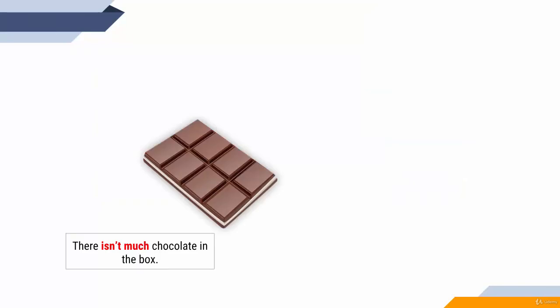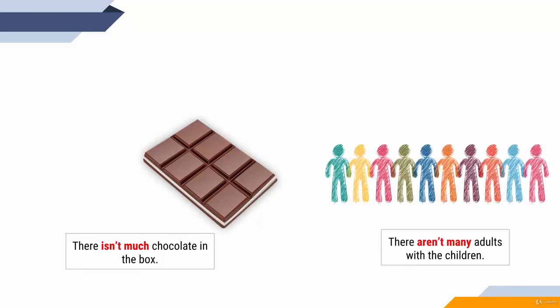The last thing we need to speak about: negative sentences. There isn't much chocolate in the box. There aren't many adults with the children. There isn't, negative. There aren't, negative. Good. So, there isn't much chocolate. Chocolate, uncountable.